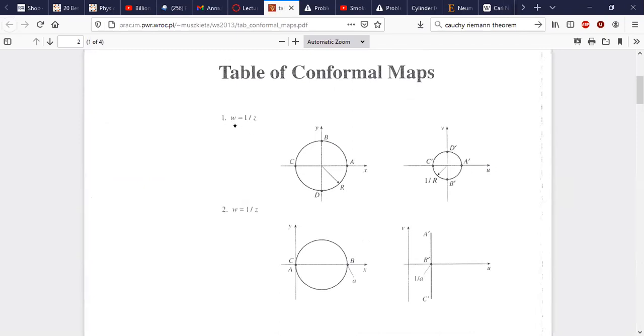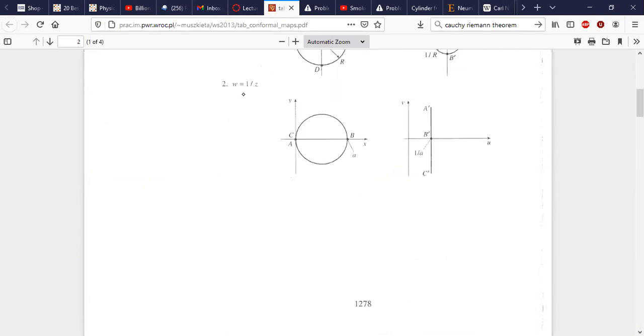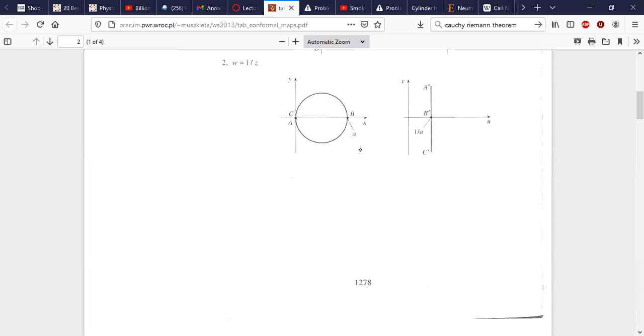Okay, so W is the output and Z is the input. What these show are two things: how the region transforms and how the constant lines transform. Number 2 is pretty easy to see. If I have a constant line that is equal to this offset circle, the analytic transformation W equals 1 over Z is going to map this offset circle into a line located at 1 over a.